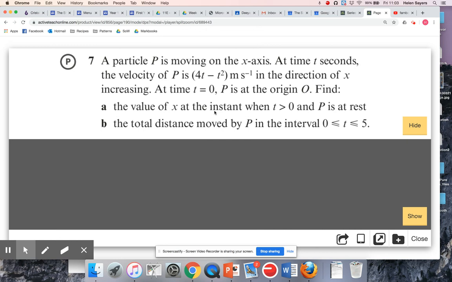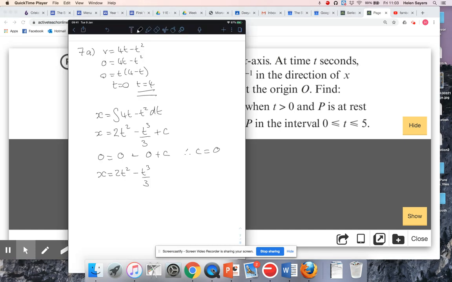And I'm trying to find the value of x when P is at rest, and I've previously worked out that P is at rest when t is 4. So if I substitute 4 in, that's going to be x at that point.